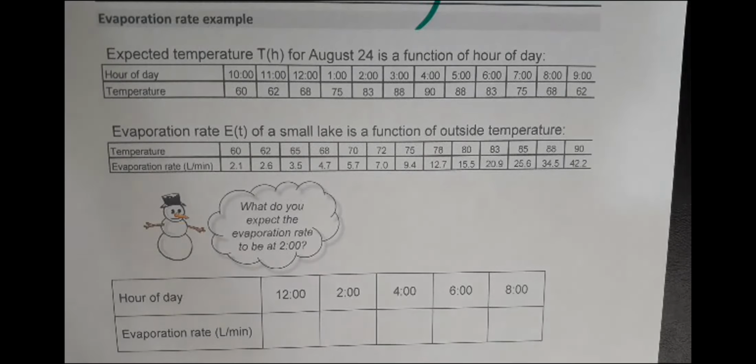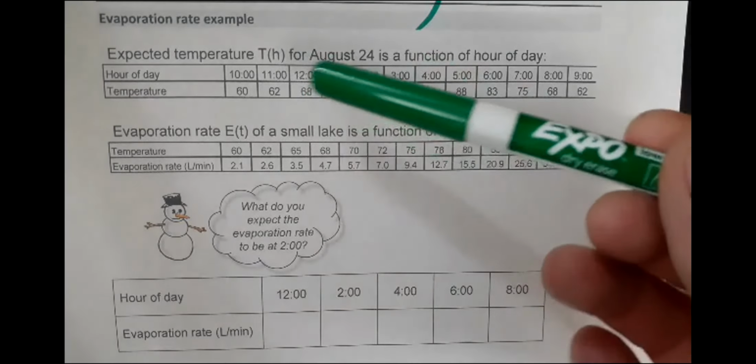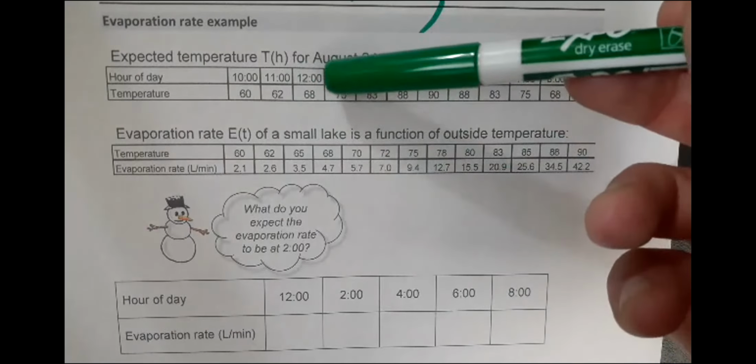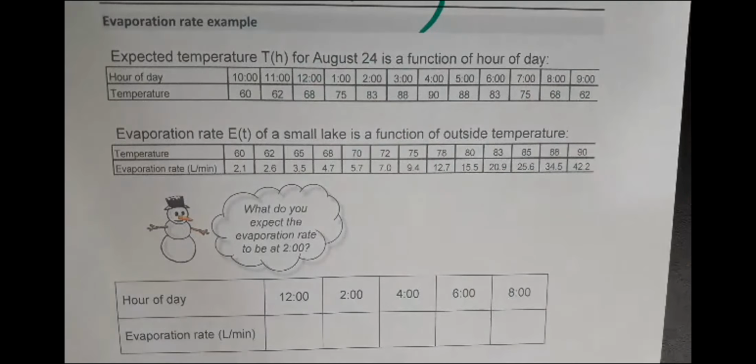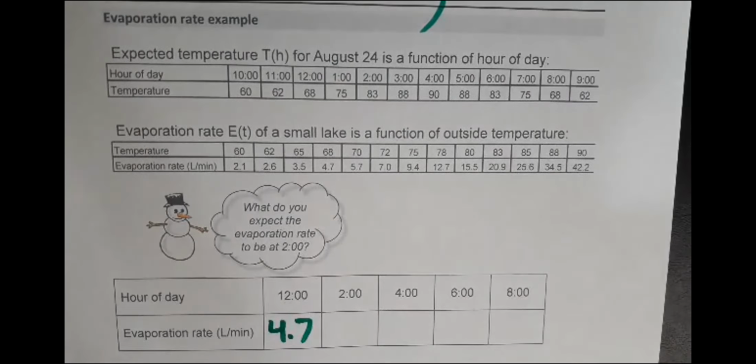So one's temperature based on hour of the day, one's evaporation rate based on temperature. If we look at the hour of the day, 12 o'clock, you might notice your temperature is 68. And if we want to know the evaporation rate when things are 68, it's going to be 4.7, measured in liters per minute is what it says.